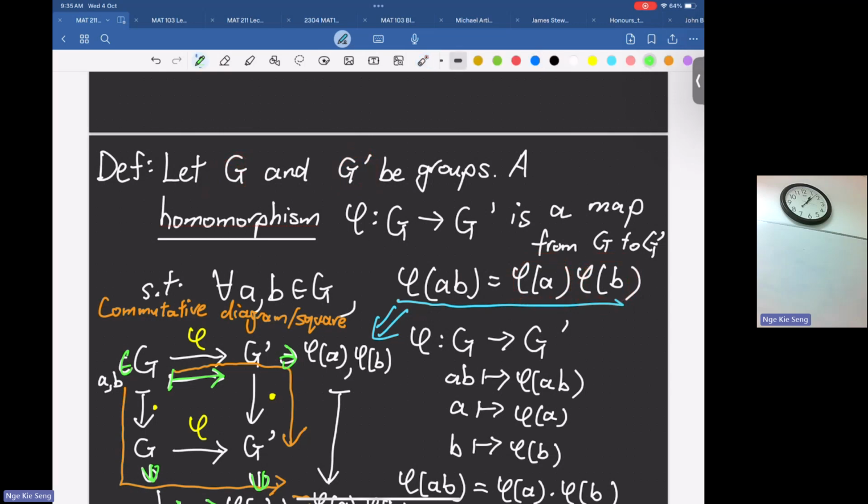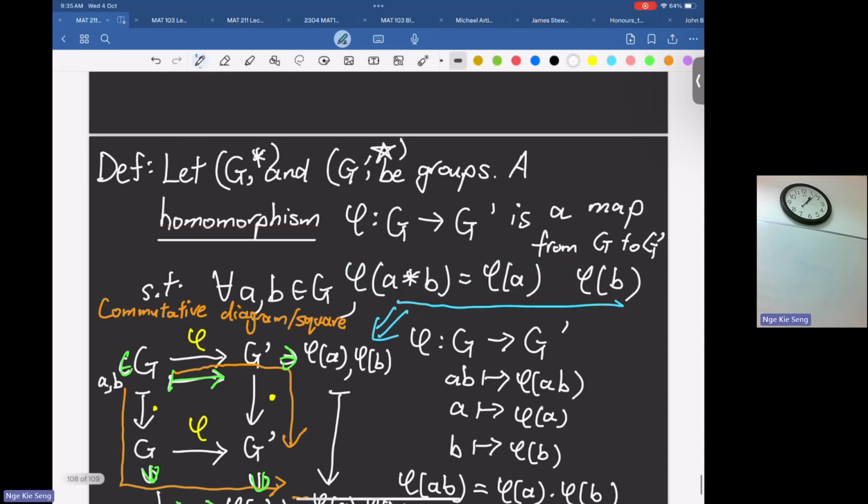If I really want to be pedantic, maybe I put one as star and the other as another star. The first one you will put a star b, the second one you will put phi(a) star phi(b). Like this. Can you see it?